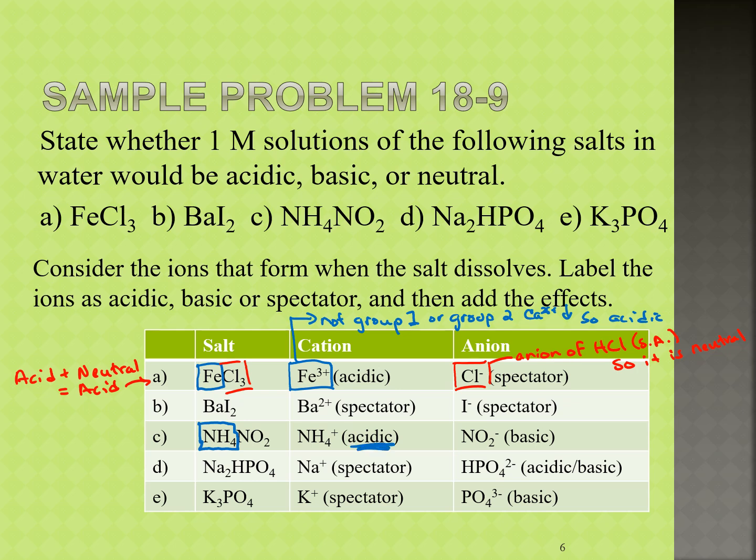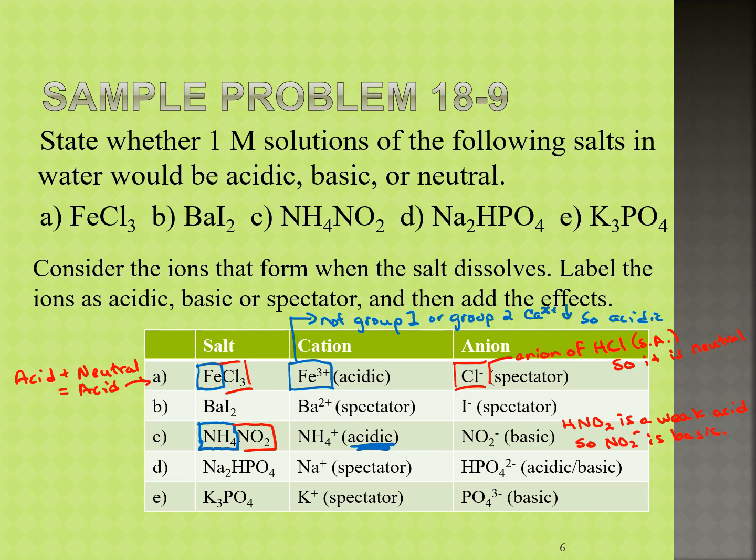Then I look over at the anion part, the NO2 minus. I'm going to pair it up, and I'm going to say HNO2 is a weak acid. It's not a strong acid. So NO2 minus is basic.